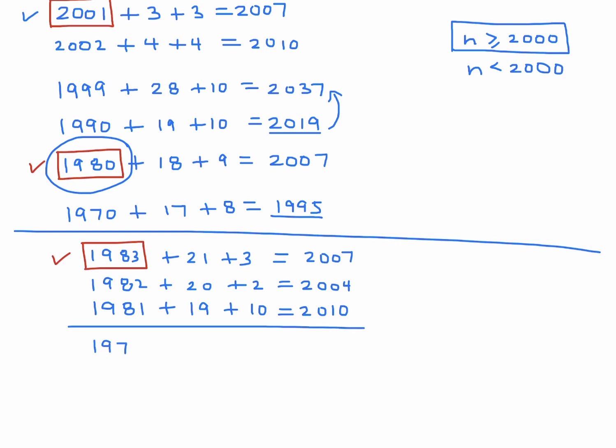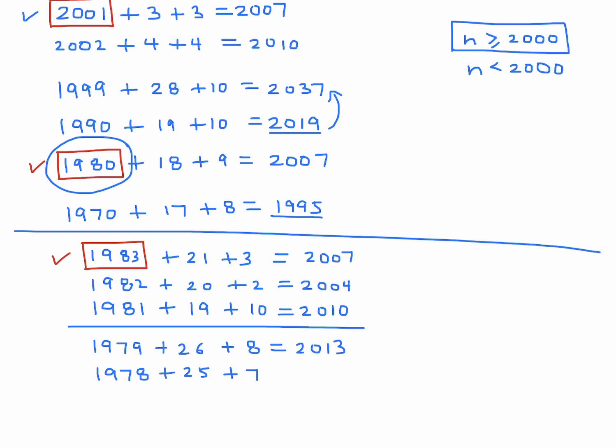So 1979, that's going to give me 26 and 8, and that sum is 2013. Let's try 1978. That gives me 10 plus 15, which is 25, and then 25 gives me 7.